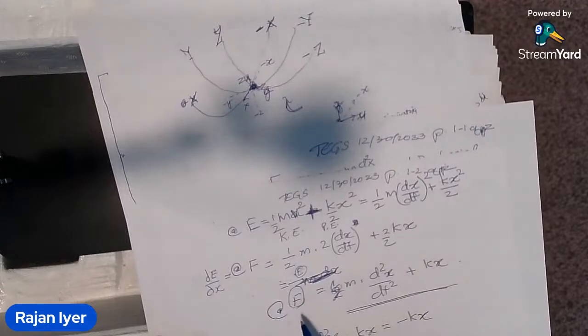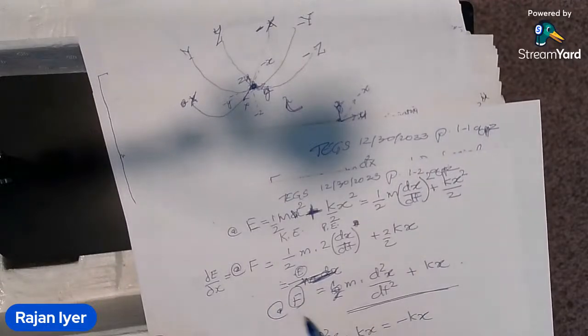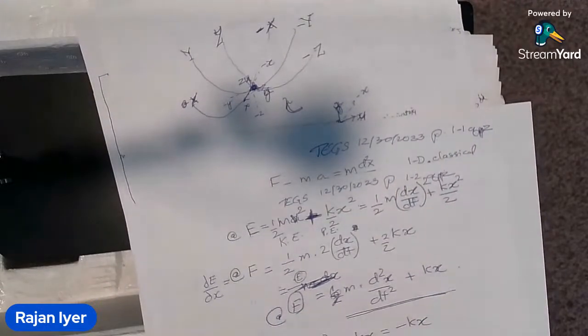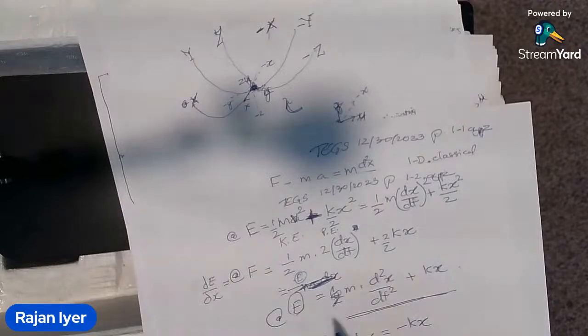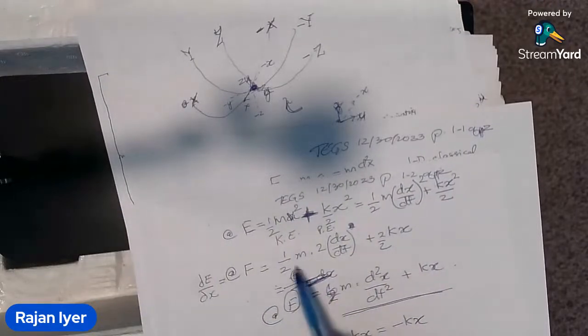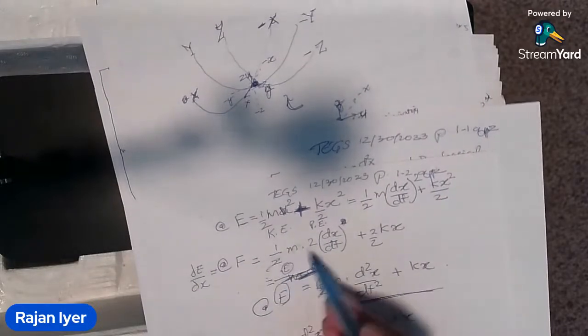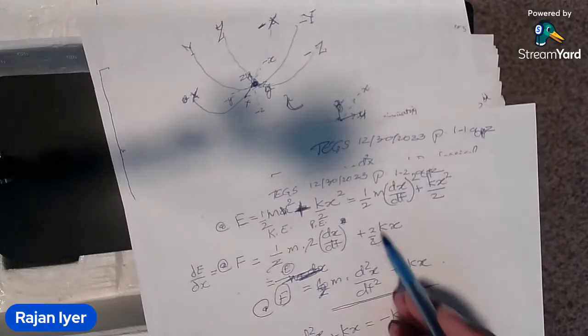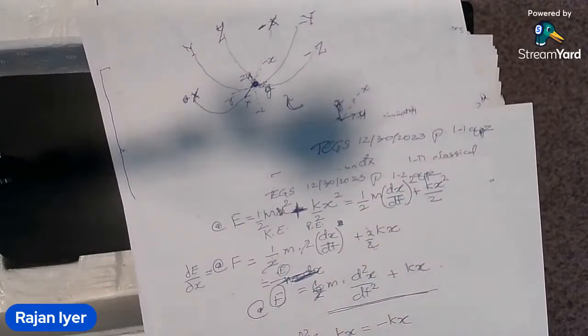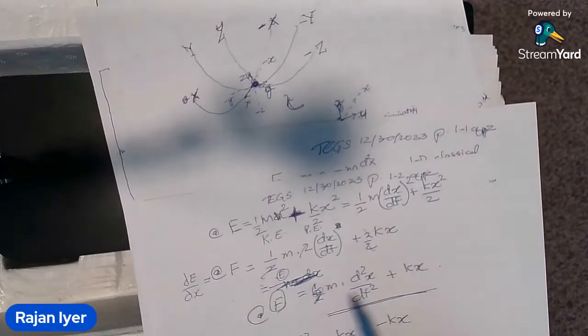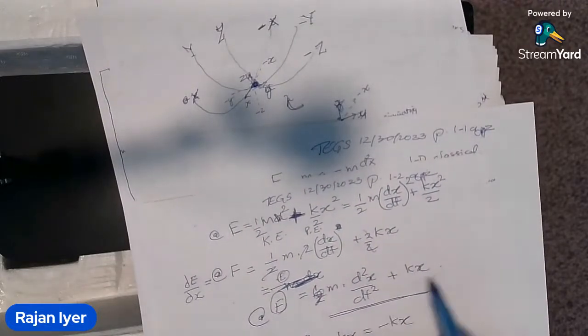That's a simple differentiation. When we simplify that, the 2 and 2 cancel here, and the 2 and 2 cancel here. So I get simply m d square x over dt square plus kx. That's the equation I get.